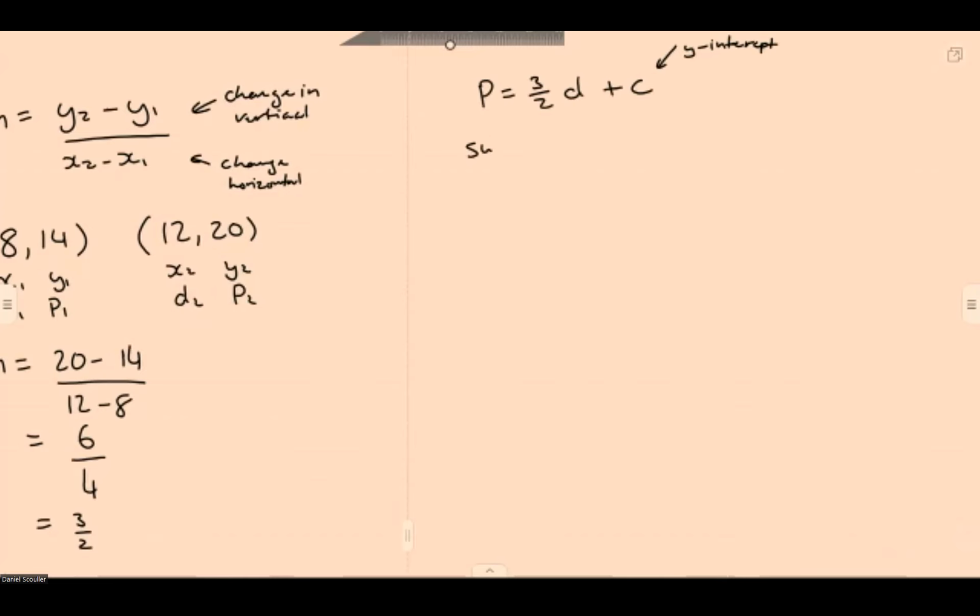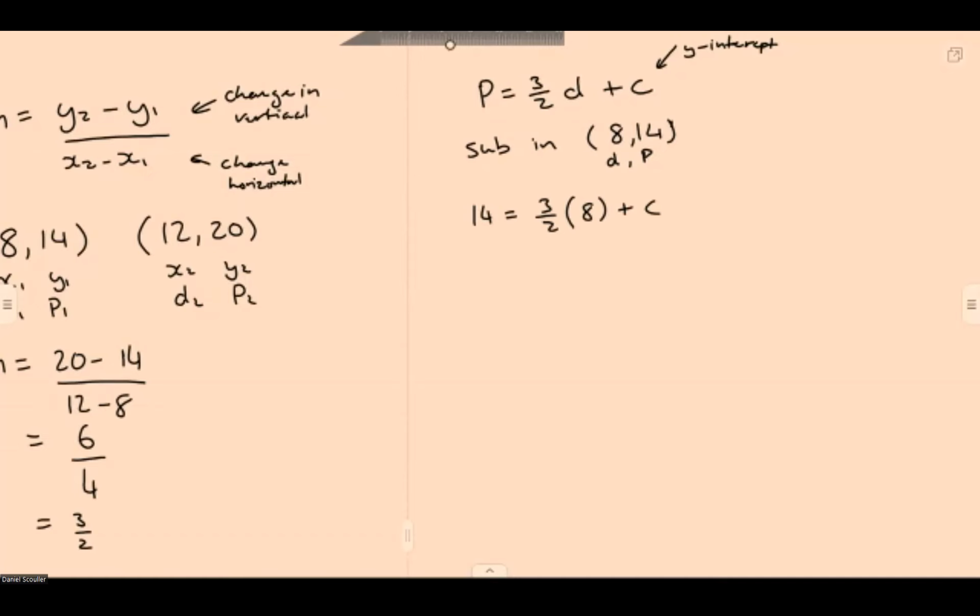Substituting in a coordinate, any coordinate. So our coordinate 8 and 14 can be substituted in. 8 is a D, 14 is a P. 14 is equal to 3 over 2 times 8 plus c.